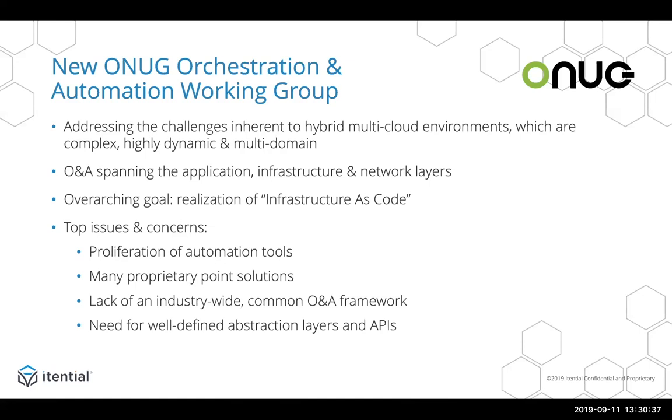And what we're really lacking, and I think the folks in the working group who've been thinking about this believe, is that commonly accepted, industry-wide framework or approach for this, and also a need for well-defined abstraction layers and APIs, so you can realize that goal of infrastructure as code.